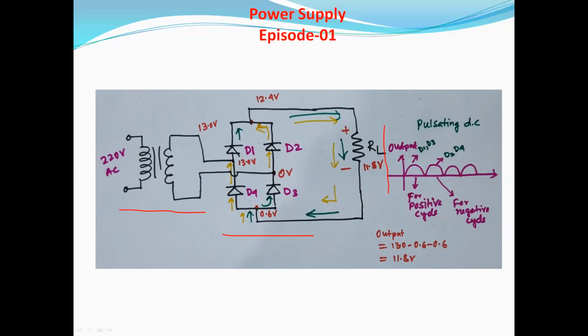As we know, the AC voltage follows a sinusoidal pattern. This is the sinusoidal pattern. This is the x-axis, this is the y-axis, this is voltage. So during the positive cycle, first diode D1 will conduct, and after the transformer we will get 13 volt.